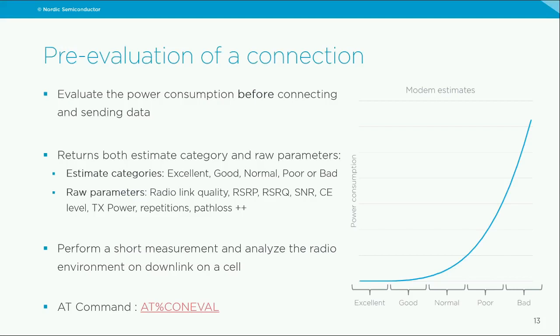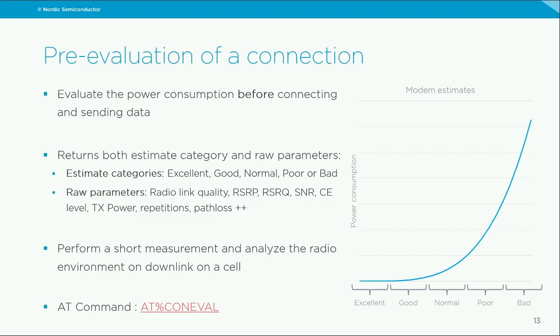This is very useful in devices that need to save power, and you need to check how much power you are going to use when sending the data. This new feature performs a short measurement on the receiver channel and analyzes the radio environment through the downlink on the cell.